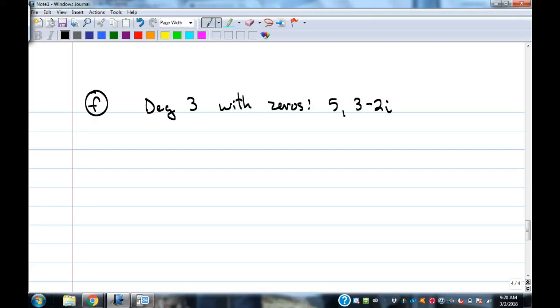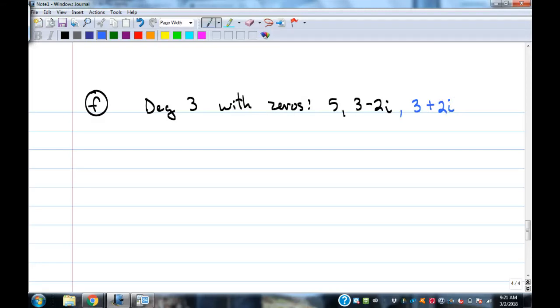This is something that's reviewed from Algebra 2, but I just want to go through it in one real quick problem. They tell us that this problem has degree 3, and then they give us 2 zeros. What zero did they not tell us about? Yeah, 3 plus 2i. Remember, complex and irrational zeros come in conjugate pairs.